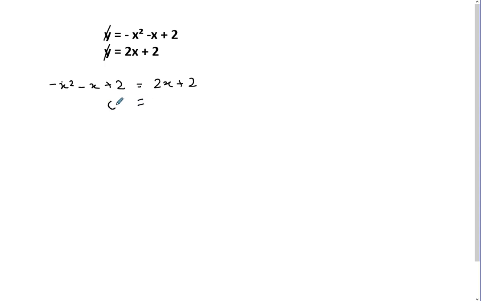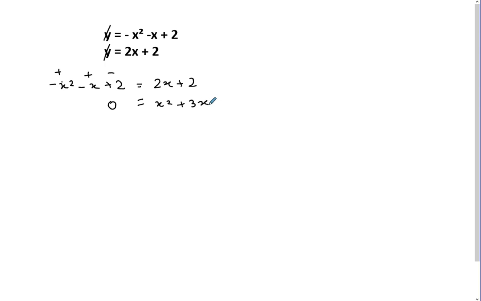So we'll make this side 0, and we'll plus x squared, plus x, and we'll minus 2. So you've got x squared, and then 2x plus x is 3, plus 3x, and then you're going 2 minus 2, which is 0.